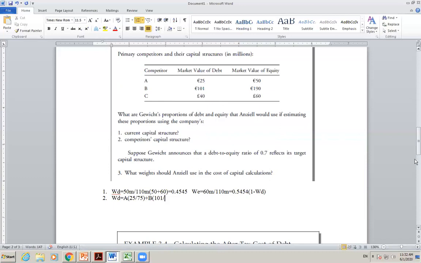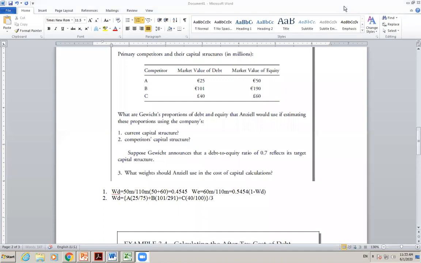So this means 101 plus 190, let me put it directly, 291, plus company C, which is 40 divided by 100. And this all should be divided by the number of companies that we're using, by 3. Yes, there's a question.